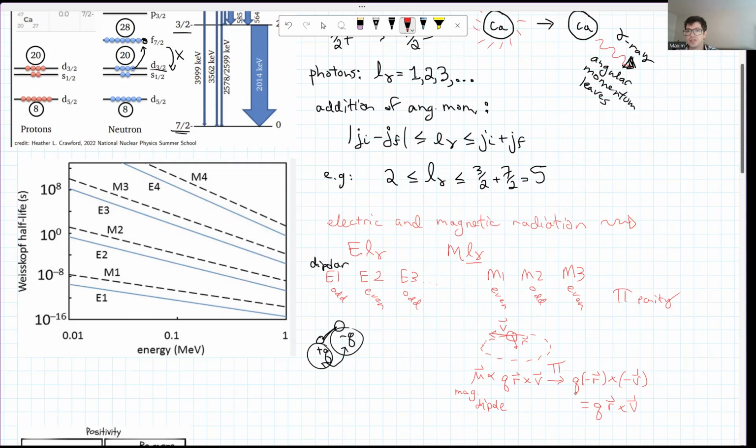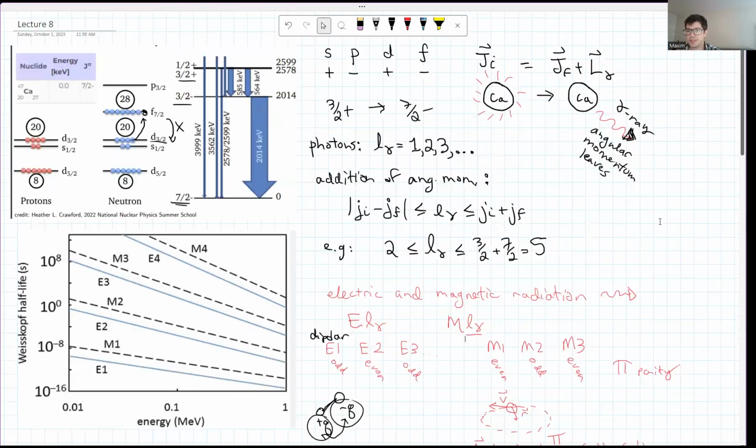That means since parity is conserved, right? If you have a photon leaving with odd parity, then there must be a parity change between the initial and final states.